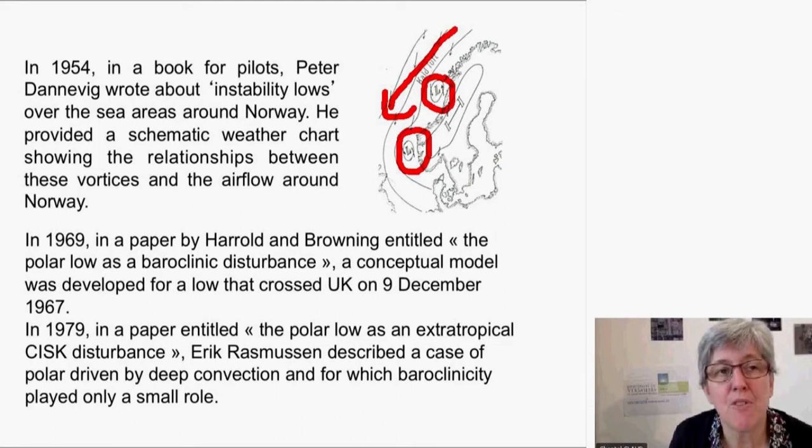We'll see, for example, that for the Nordic seas, and Nordic seas means the Norwegian and Barents Seas, we have, let's say, 14 or 15 systems in a winter. And this was really revealed by satellite imagery.